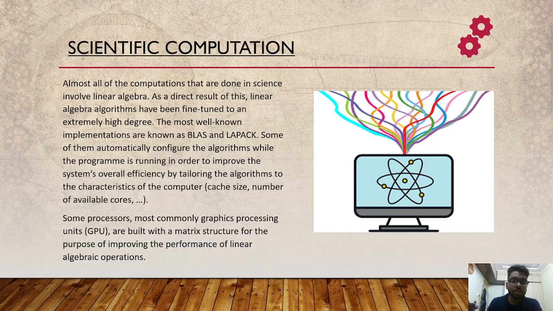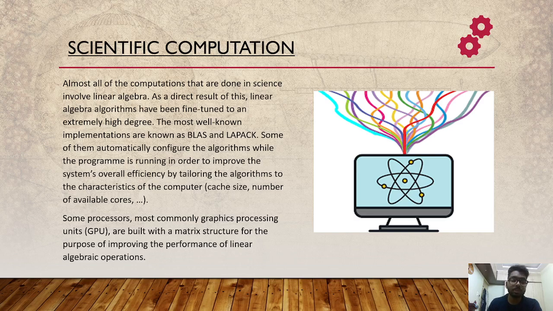Some of them automatically configure the algorithms while the program is running in order to improve the system's overall efficiency by tailoring the algorithms to characteristics of the computer, such as cache size or number of available cores. Some processors, most commonly graphics processing units (GPUs), are built with matrix structure for the purpose of improving performance of linear algebraic operations.